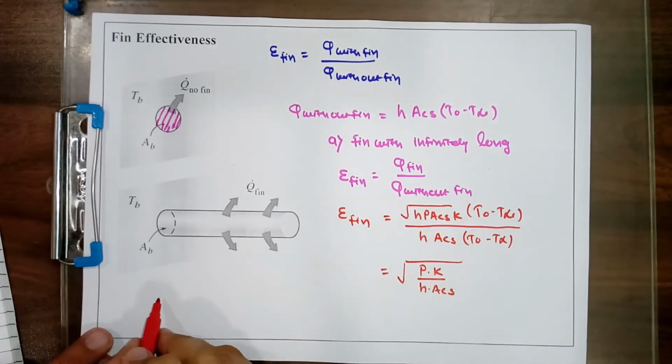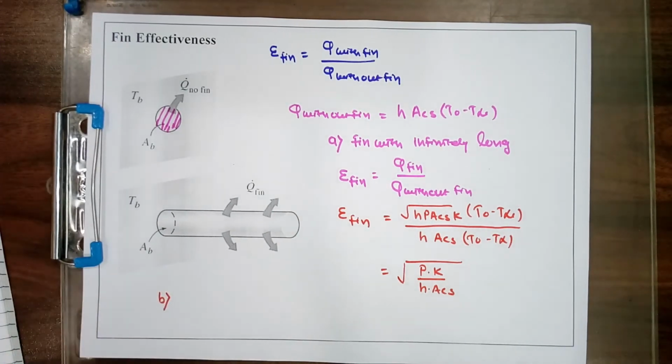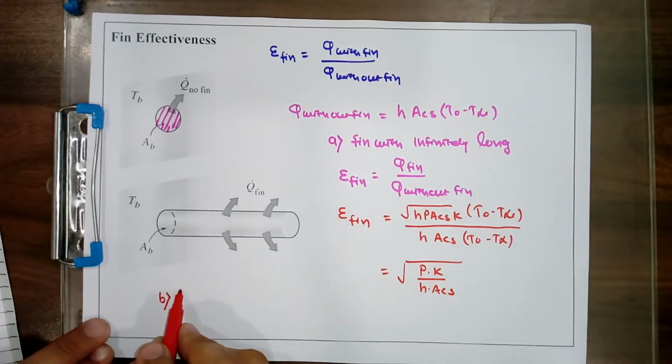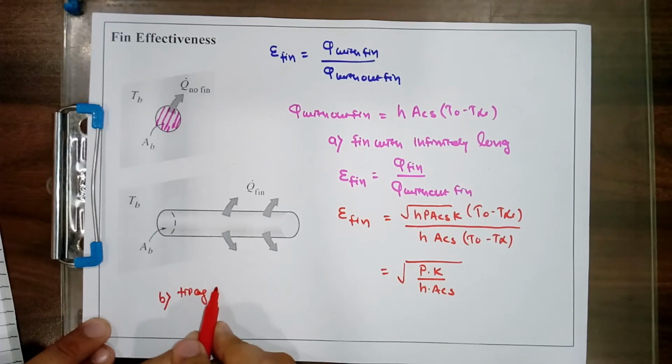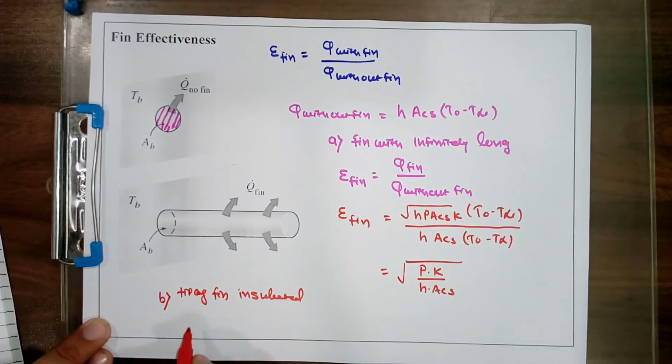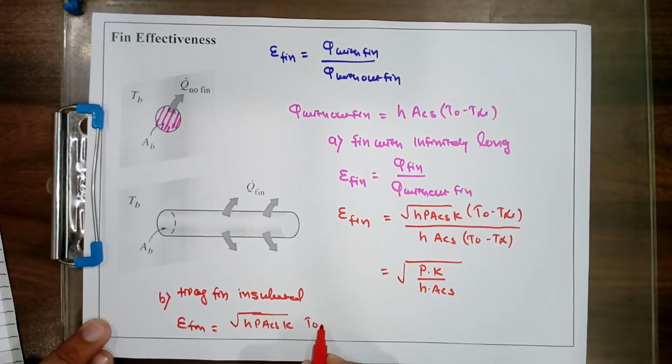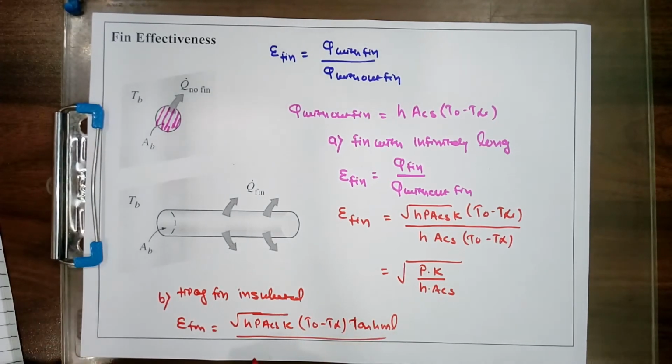Similarly, we can write the formula for the fin with the tip of the fin insulated. So the effectiveness of the fin equals Q fin, which is the square root of H P ACS K into T naught minus T infinite into tanh ml, divided by H ACS T naught minus T infinite.